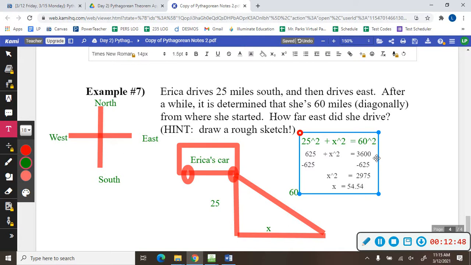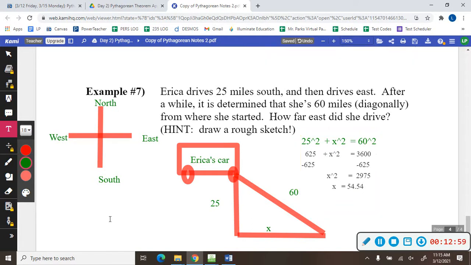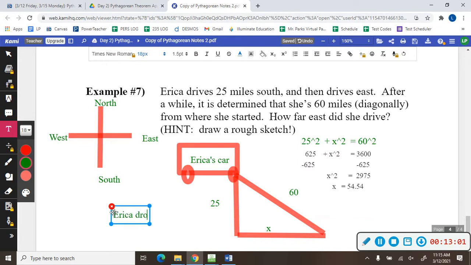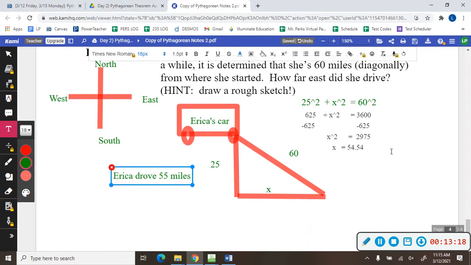Now they didn't tell me how much to round, but nobody cares that you drove 54.54 miles. Most people are going to round, and it's kind of your choice if you want to round up or round down, but I'm going to say 55 miles. It's not really going to matter, the 0.54 in this problem. So Erica drove about 55 miles.